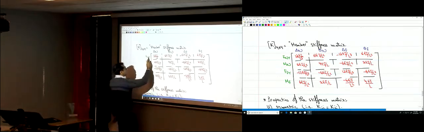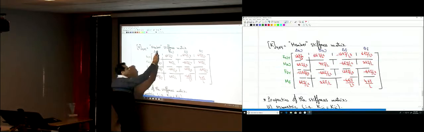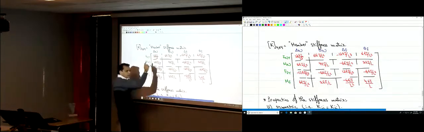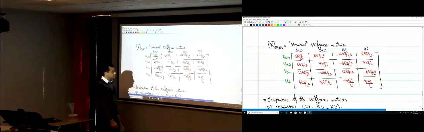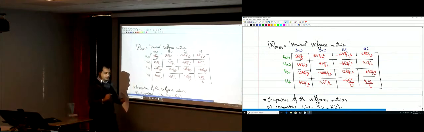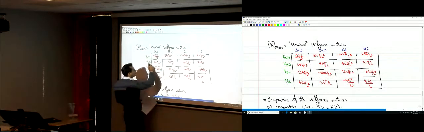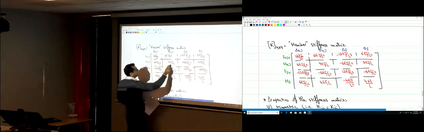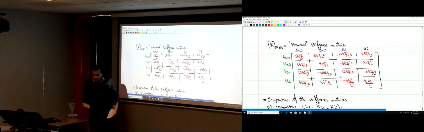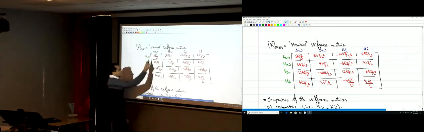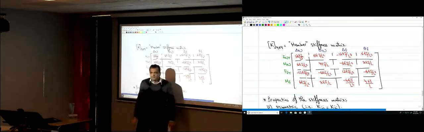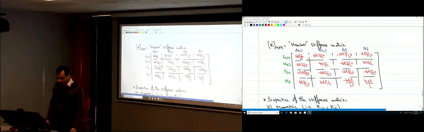This is the vertical force at the near end related to the vertical displacement at the near end. Physically, you cannot have a force in a certain direction and the displacement goes in the other direction. This is the moment at the near end related to rotation at the near end. You cannot apply a clockwise moment and the displacement becomes counterclockwise. So those have to be positive numbers.